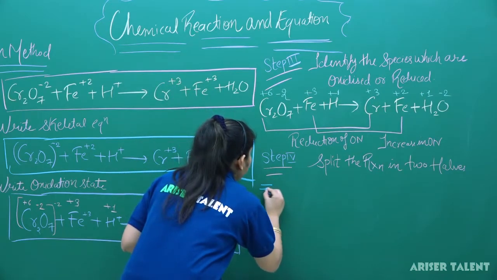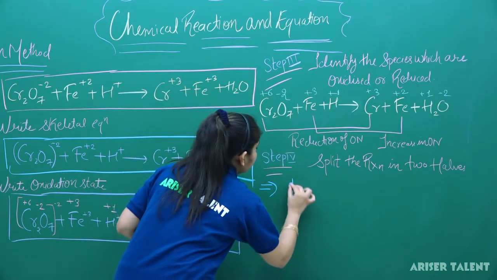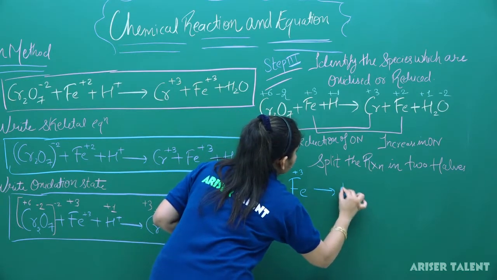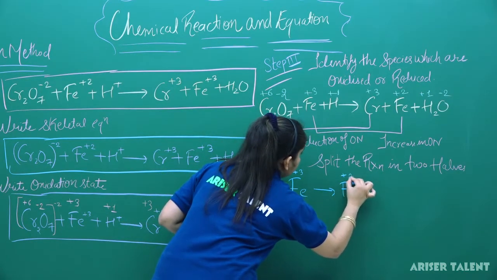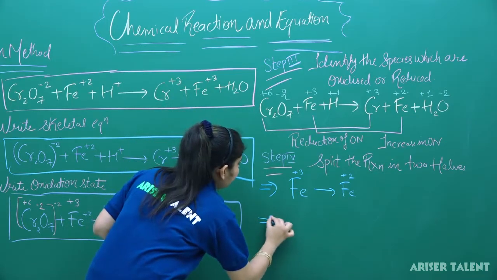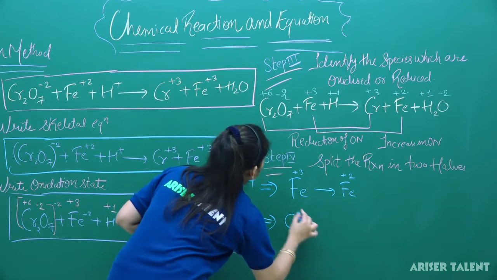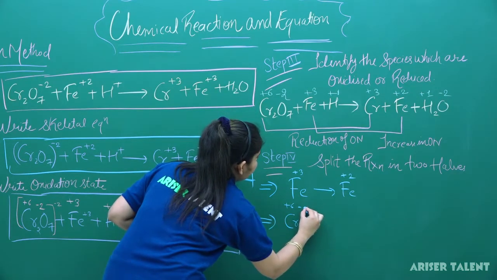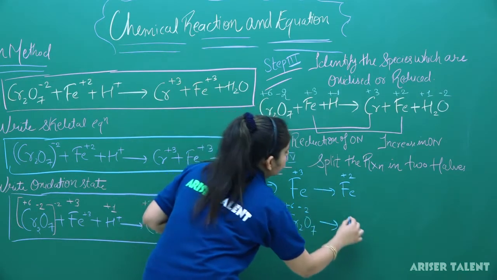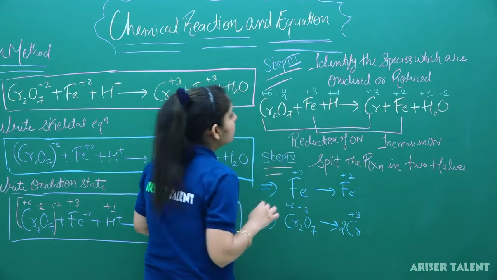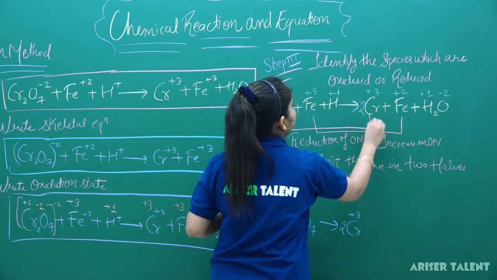So here I am writing the reaction: Fe2+ gives Fe3+, and our second reaction is Cr2O7 2- with chromium at plus 6 giving Cr3+, and if I balance it, there will be 2.